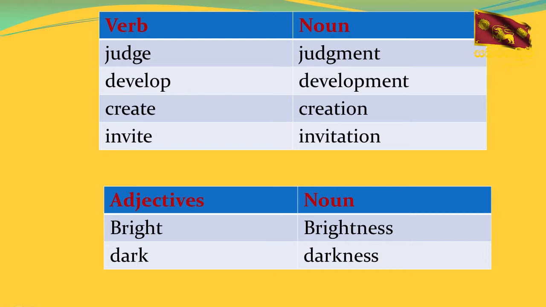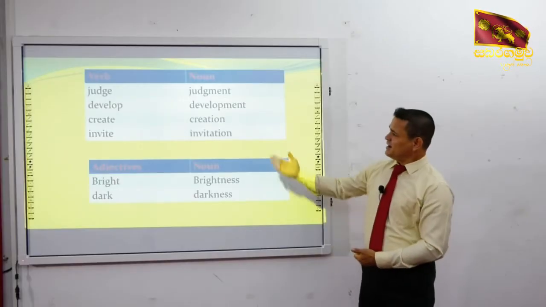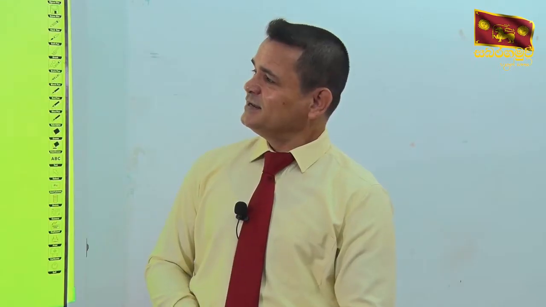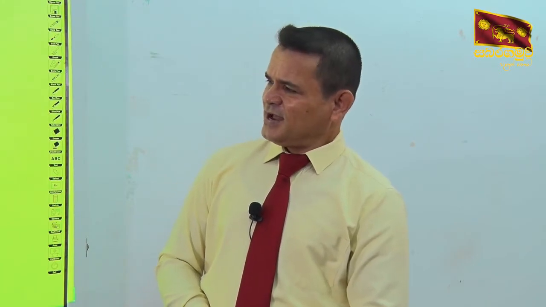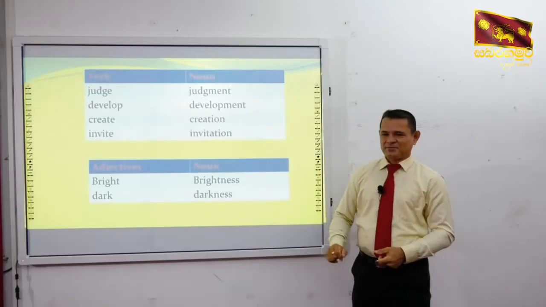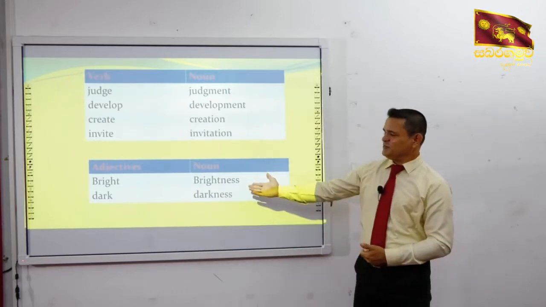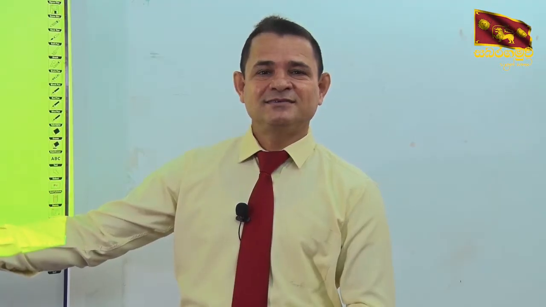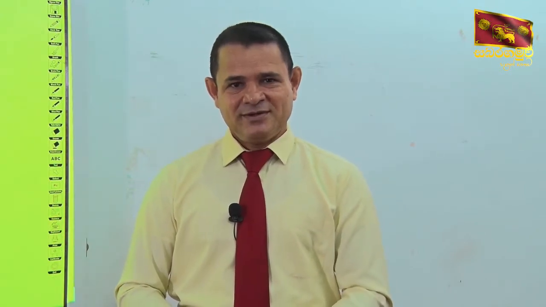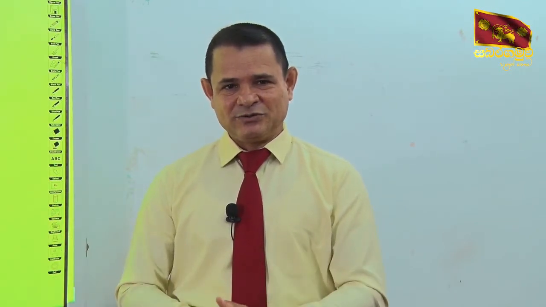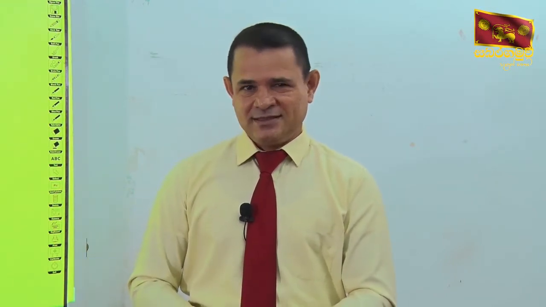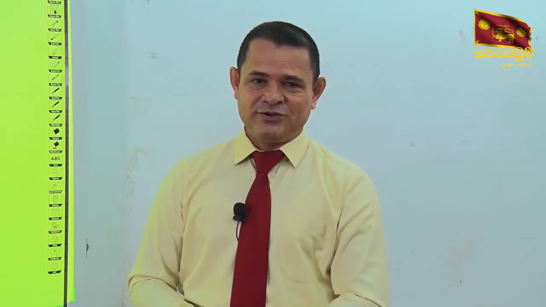Invite, a verb, again it became invitation. Invite is an action verb and it became a noun by adding tion. And in the same way you say bright, bright boy, bright girl, it's an adjective. Adjective became brightness, then it becomes a noun. So remember these changes also, right? What happens to adjectives when you add certain suffixes? That knowledge also is very important for you all, right?